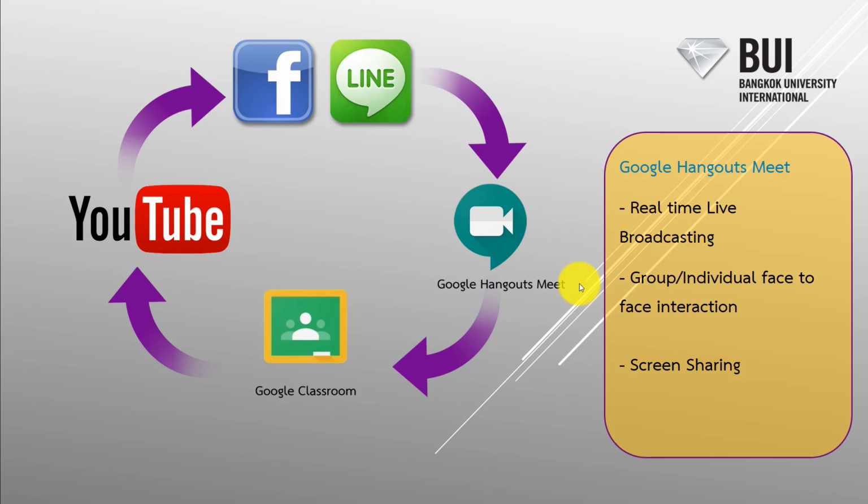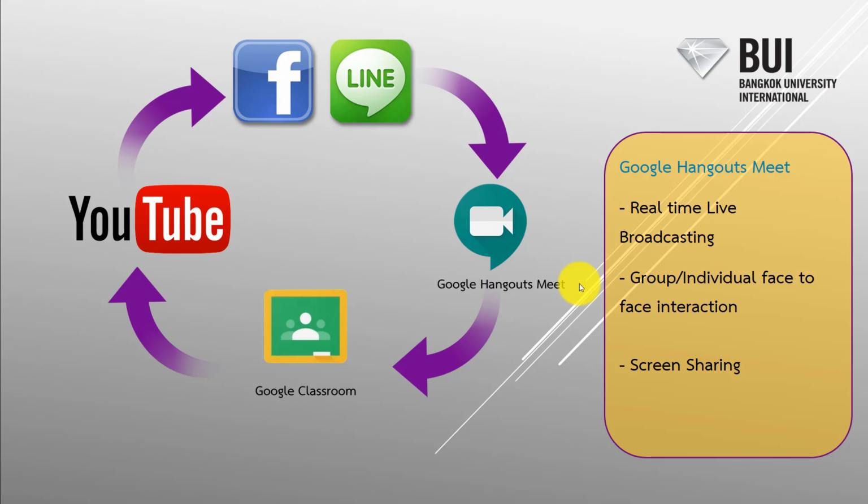The second set of software is Google Hangout and Google Meet. You can use either one of these. On my personal account, I have Hangout, but on my school account, I have both Hangout and Meet. Hangout and Meet are basically very similar software.